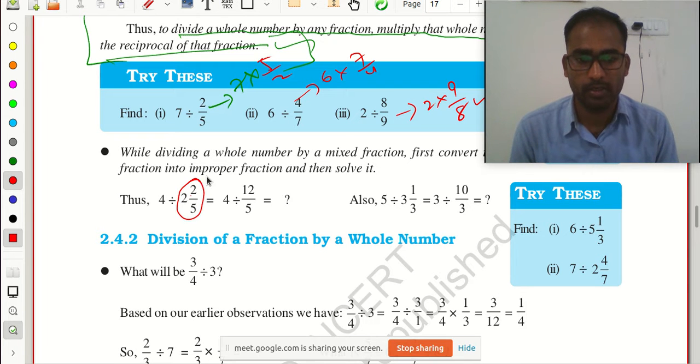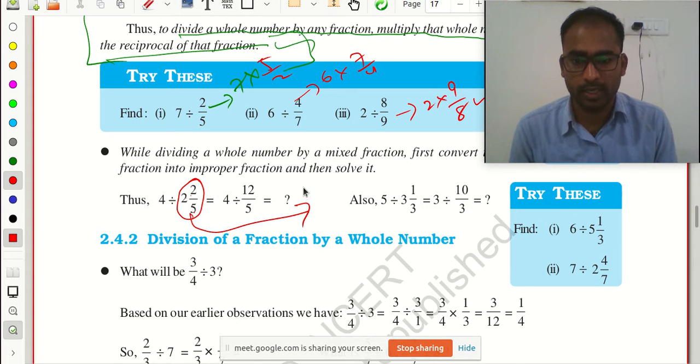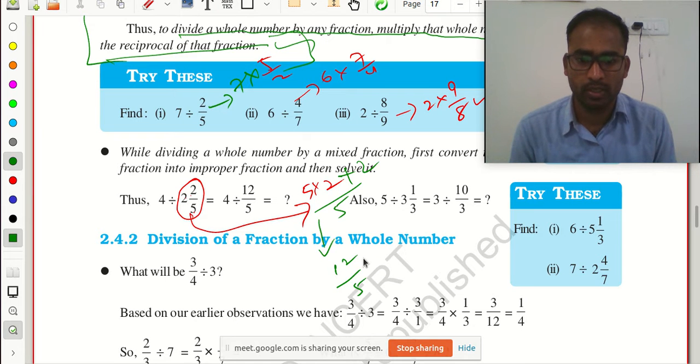I will tell. See, here I am having a mixed fraction. I need to make it into an improper fraction. How? I need to find its fraction value. 5 twos are 10, plus 2 by 5. How much will I get here? 12 by 5. The numerator is greater than the denominator, so this is an improper fraction.